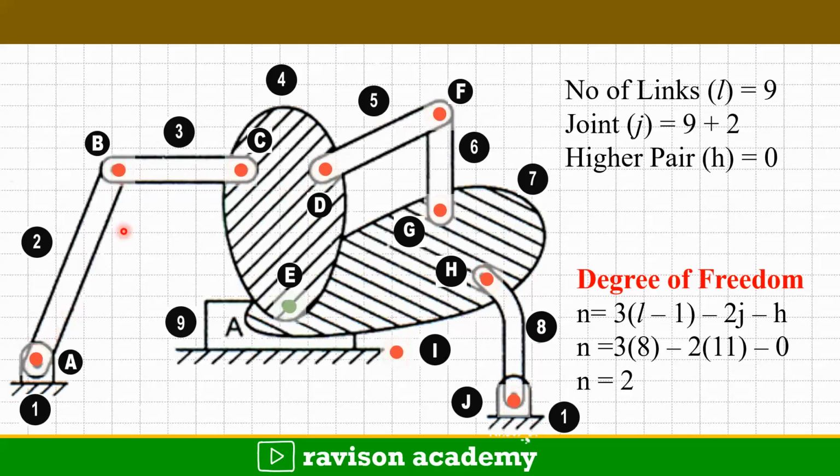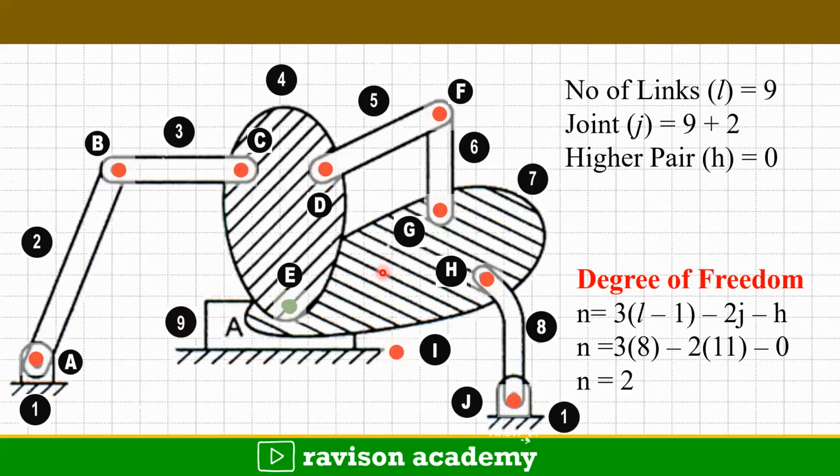Similarly, 2 is also a binary link. Then 4 is a ternary link because it has 3 connection points. 5 is a binary link. 6 is also a binary link. 7 is a ternary link which has E, G and H, and 8 is a binary link, and 9 is a slider. So in total 9 links are there.